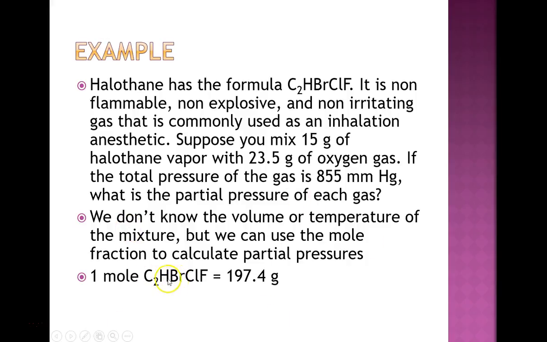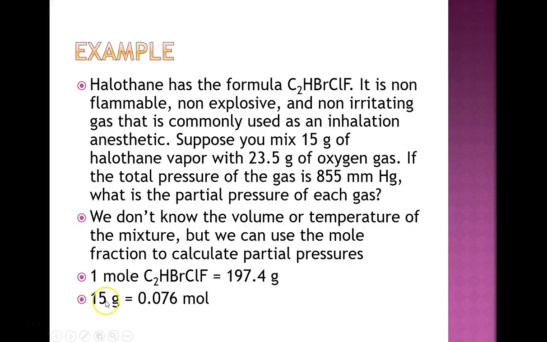So when adding up the molecular weight of halothane, we see that we get a molecular weight of 197.4 grams. So 15 grams of halothane is going to be 0.076 moles.